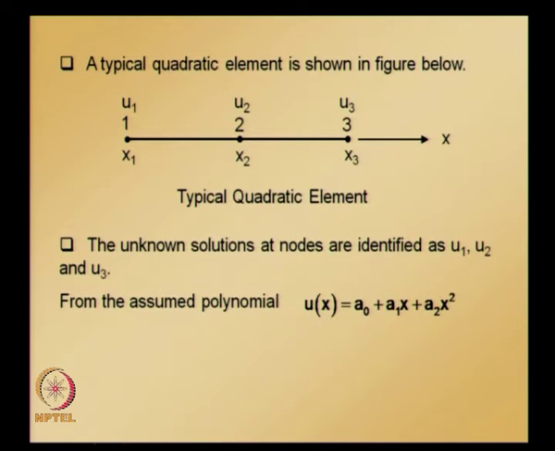From the assumed polynomial u is equal to a naught plus a1 x plus a2 x square, by substituting x is equal to x1, x is equal to x2, x is equal to x3, we are going to get 3 equations.